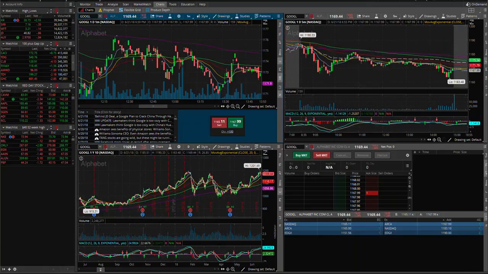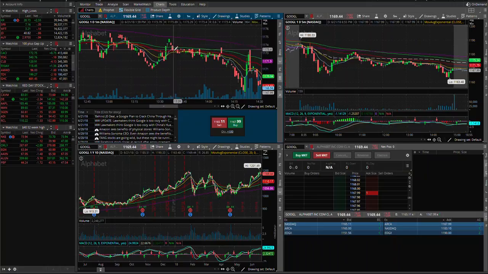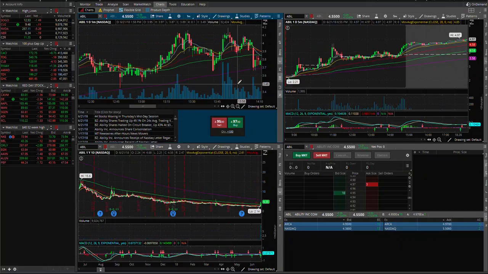So for instance, with ticker Google, if you look at this 200 bar EMA line, you can see in this area right here that as it approaches, it just keeps getting rejected, and it can't make it past that. And then it eventually goes under.